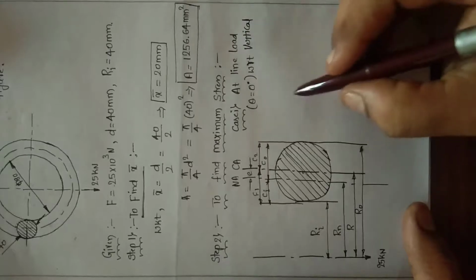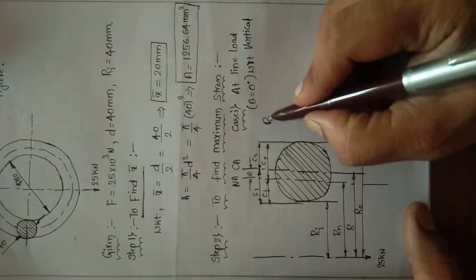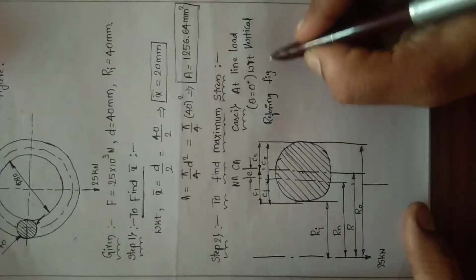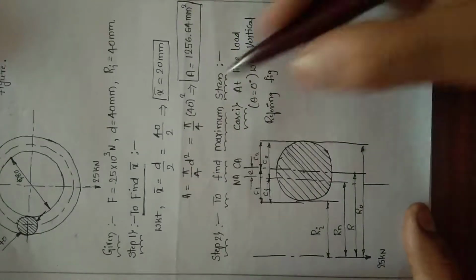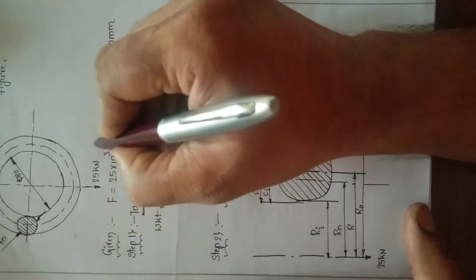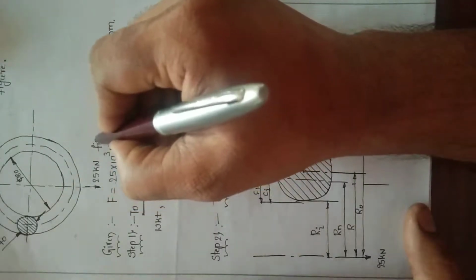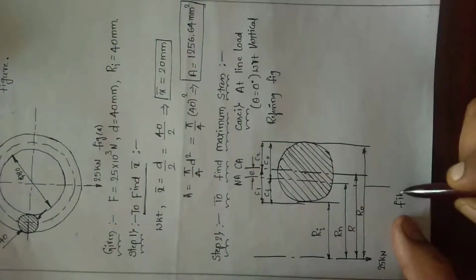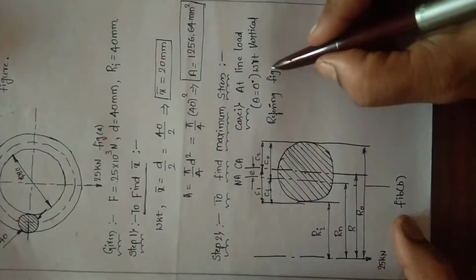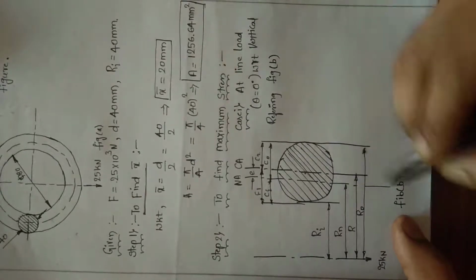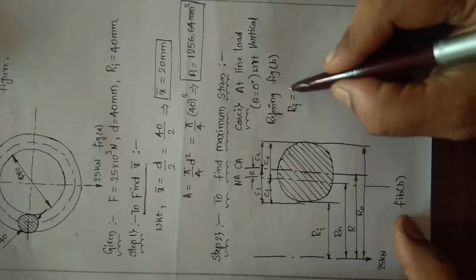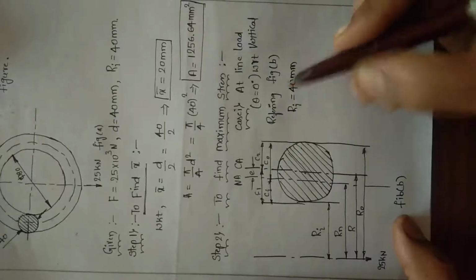Fine. So now what happens? Referring to the figure, let me specify the figures so that it will be easy. This I will call figure A, this I will call figure B. So I am referring to figure B. From figure B it is clear that Ri is equal to 40 mm in radius.